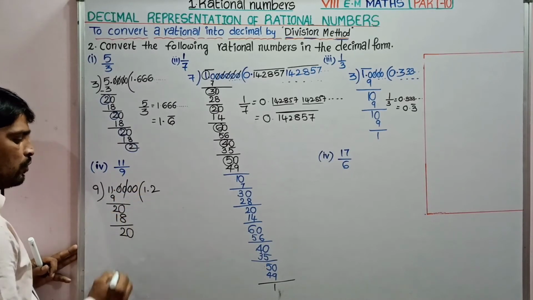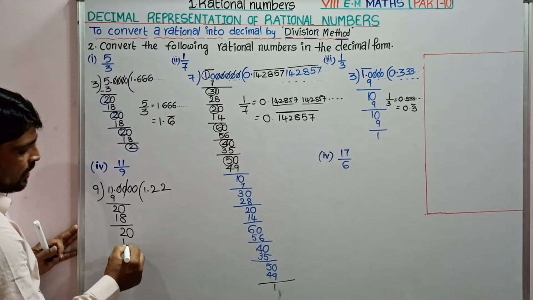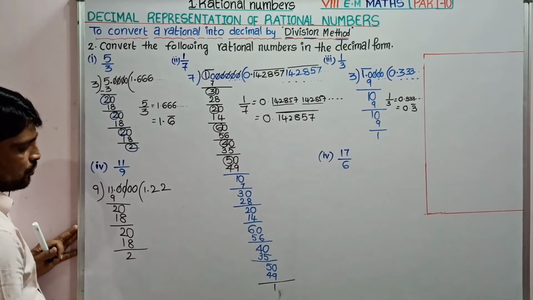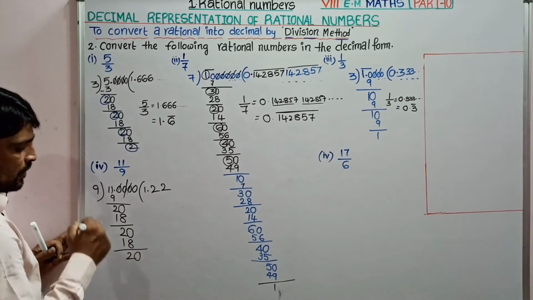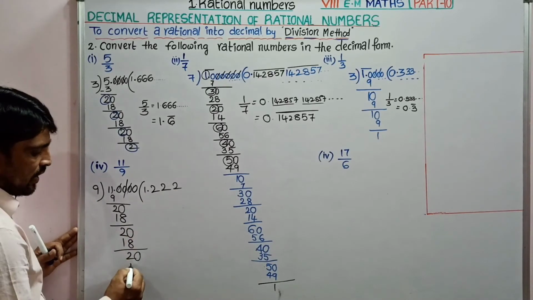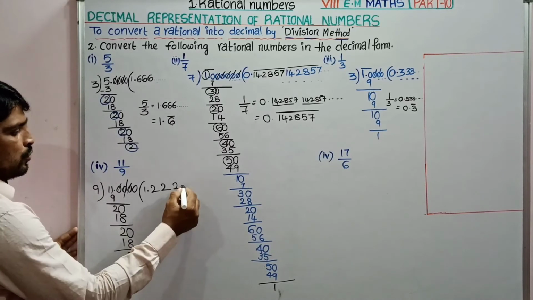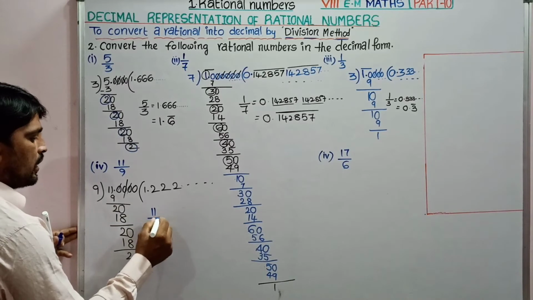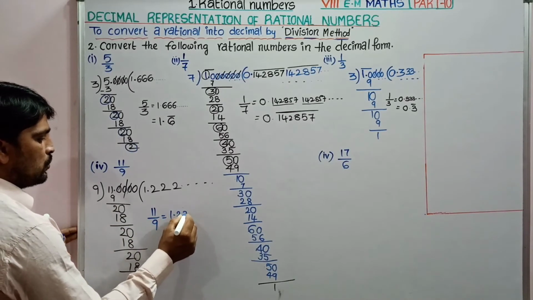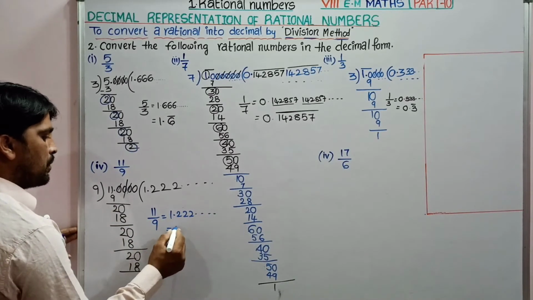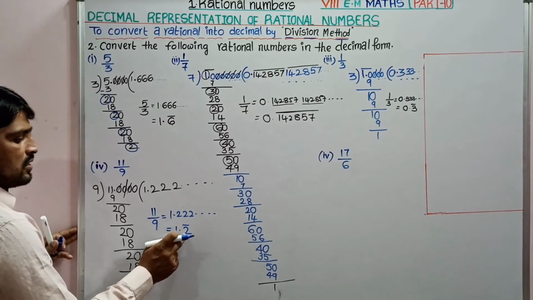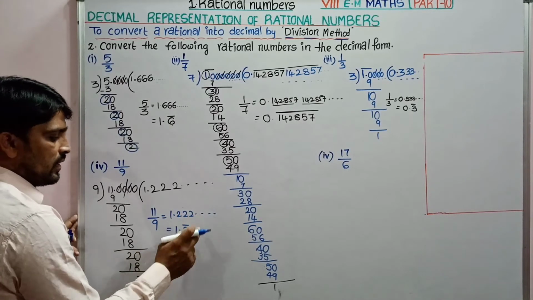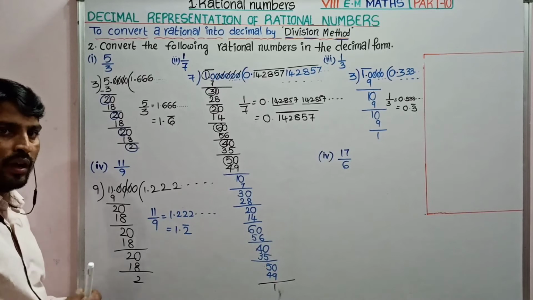Drop this 0, again the new dividend is 20. 9 twos are 18. Again remainder is 2. So this process will continue. Therefore, 11 by 9 can be written as 1.222 and so on. This can be written as 1.2 bar. As the digit after the decimal point is repeated, the repeated decimal is denoted by a bar.